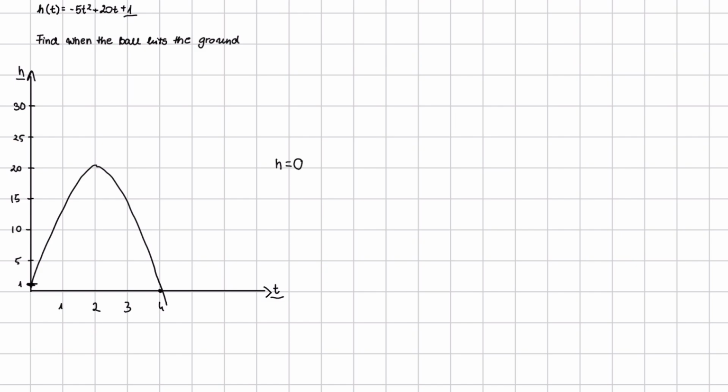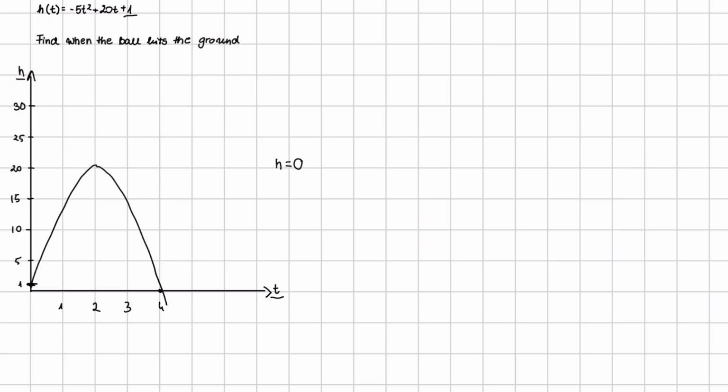We can see that it is not exactly 4. We have to find it on our graph by taking the root. Basically we can graph it and then click G-Solve and then root.